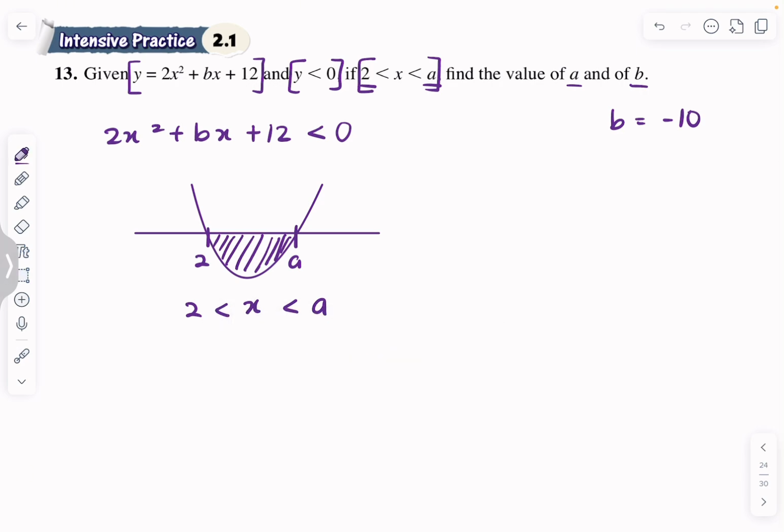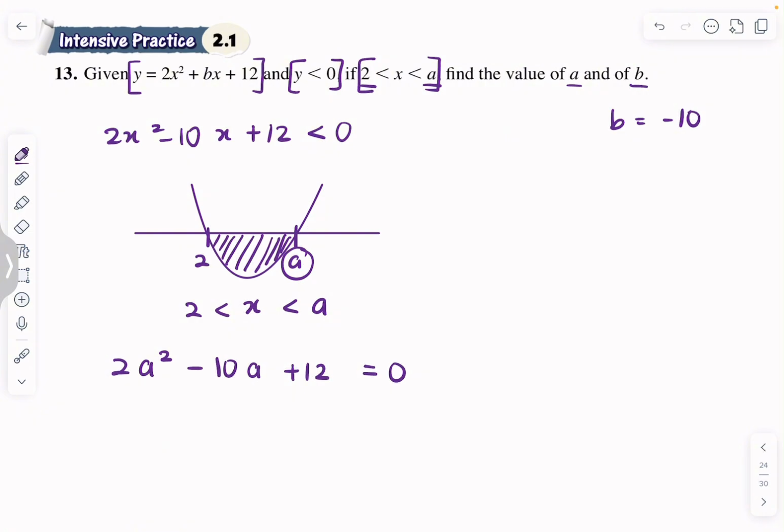Okay. Since we have b now, we can replace this b with negative 10. So this is our equation. And a is one of the roots, right? So do the same thing. We can put a into the x. So 2 times a squared minus 10a plus 12 equals 0.